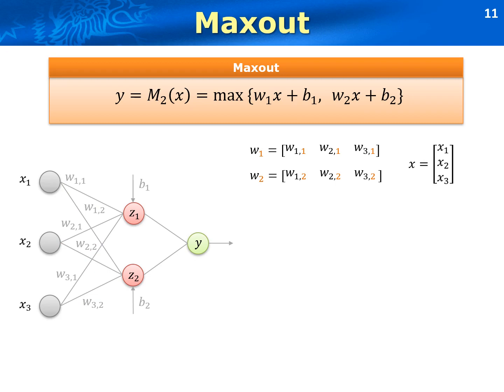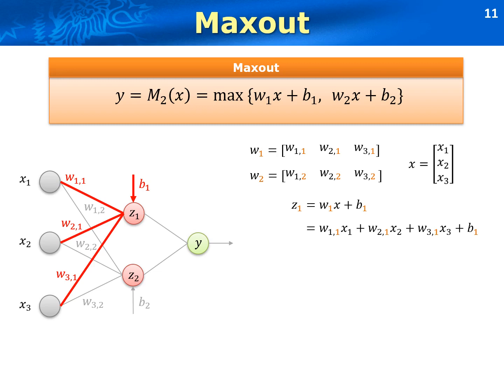We first compute z1, which corresponds to this part of the maxout. It is the weighted sum of w1 times x plus b1. Substituting the learned values w1 and b1 into this formula yields the following result for z1.